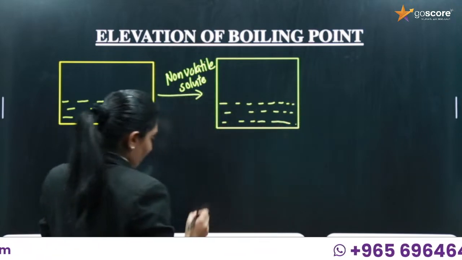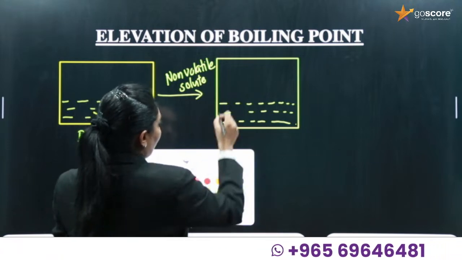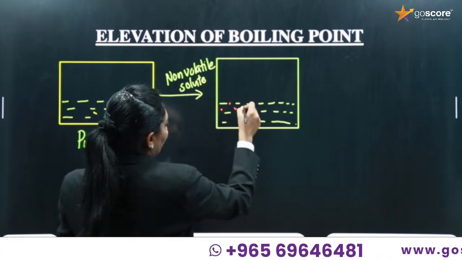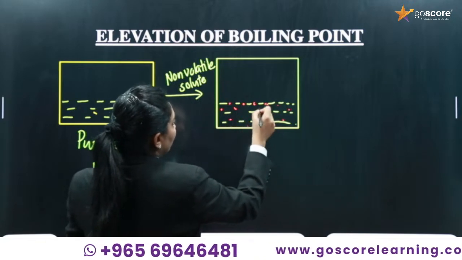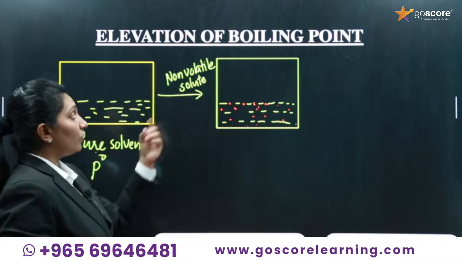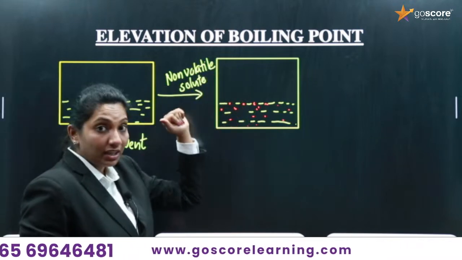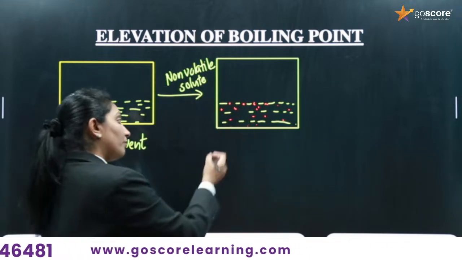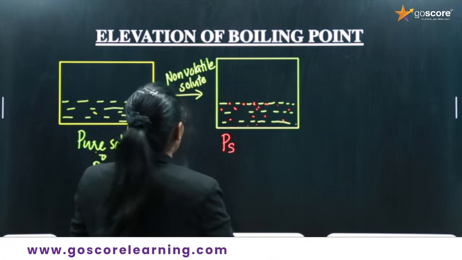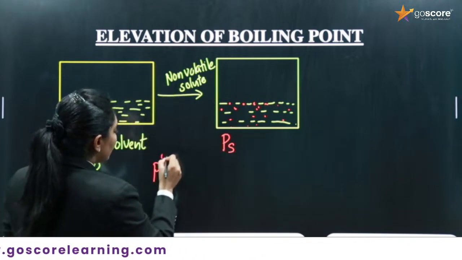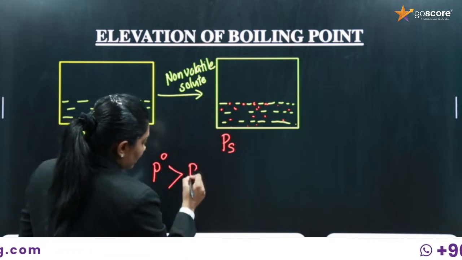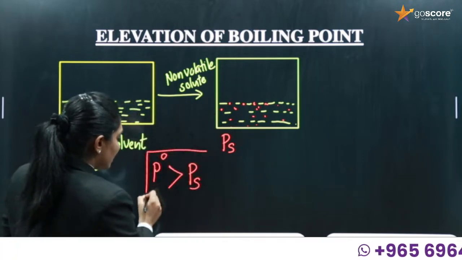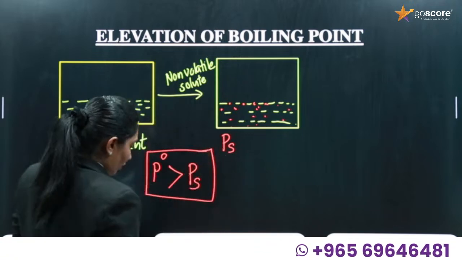We are adding a non-volatile solute to the solvent. As this non-volatile solute hinders the formation of vapors, the vapor pressure exerted by the solution, PS, is always lesser than that of the pure solvent.